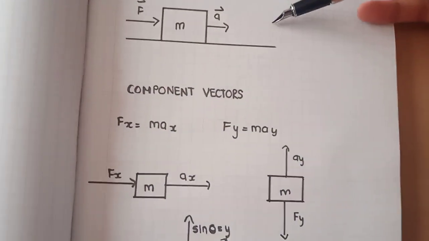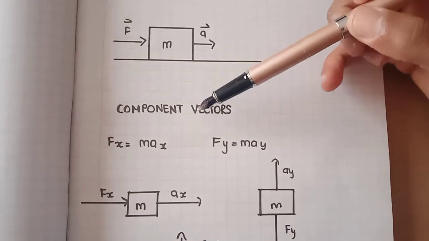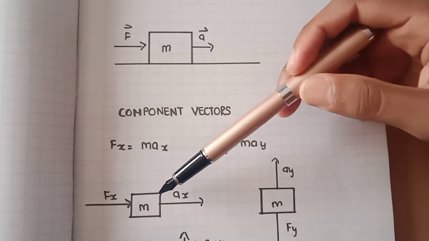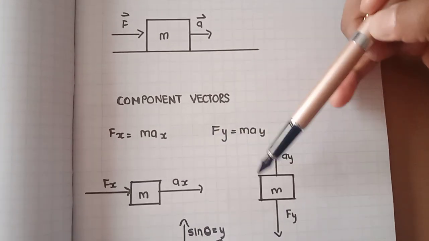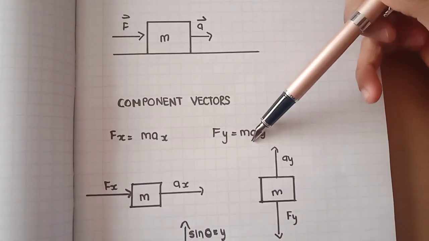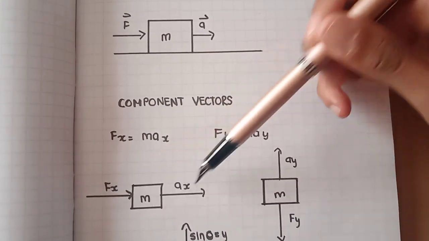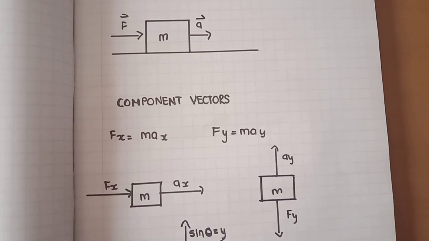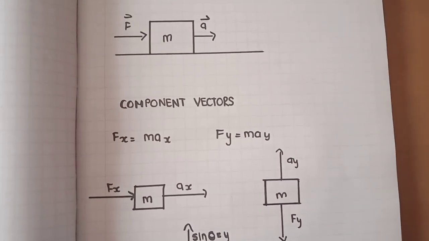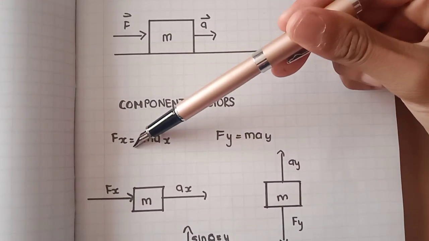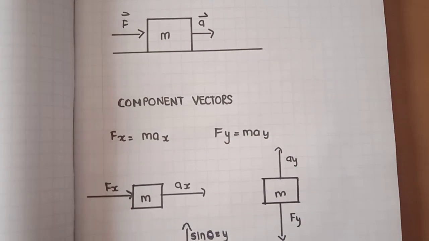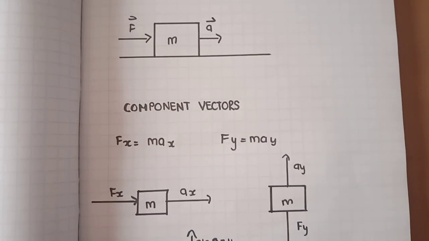If we look at the component vectors over here, we can see that we can separate the F net equals ma equation into our x component and our y component respectively. If the object is moving horizontally, that would be taken as going in the x direction, hence the equation would be Fx equals max, because we're dealing with our components in the x direction.